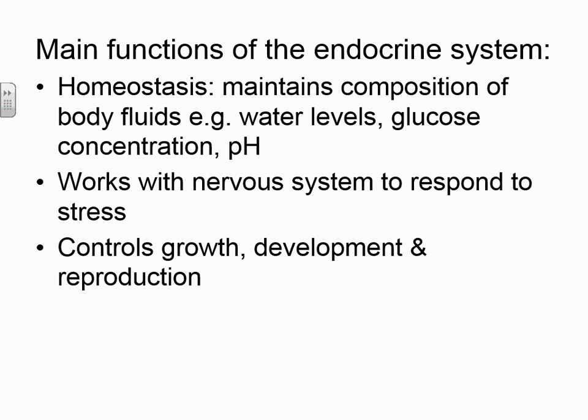As far as we're concerned, it's things like water levels, glucose concentration, pH, but it's absolutely everything about every fluid, blood, tissue fluid, and anything else. The endocrine system is controlling the composition of those fluids because that's what our internal organs live in. So it's really controlling our internal environment.